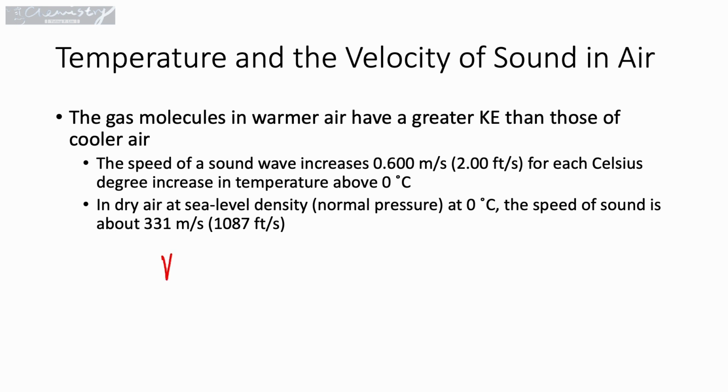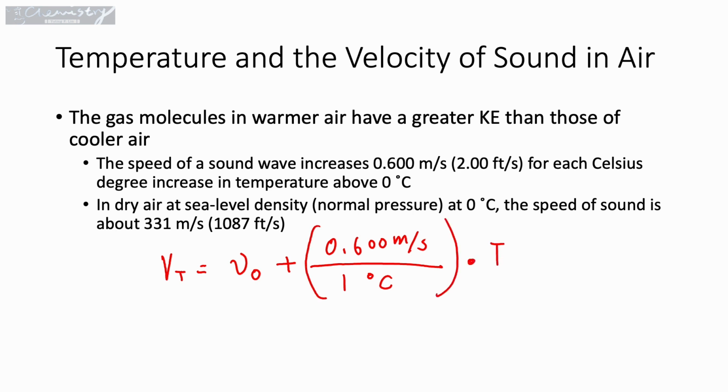The velocity at the temperature that we're looking at is equal to the velocity in dry air, so the velocity of sound at 0 degrees Celsius, plus, remember, it's 0.6 for each Celsius degree, so it is 0.600 meters per second per each Celsius degree. And this is multiplied by the temperature that we are looking at.